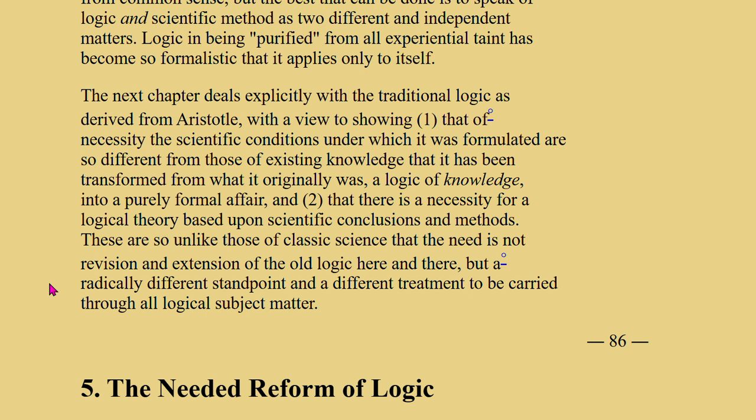So we're not going to be trying to revise Aristotelian logic. We're going to try to take science as we find it and figure out its logic, kind of take the best science that we have, figure out the logic that makes it actually work well, and go from there.